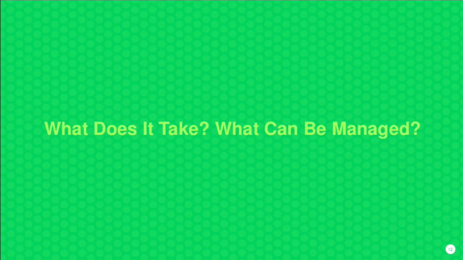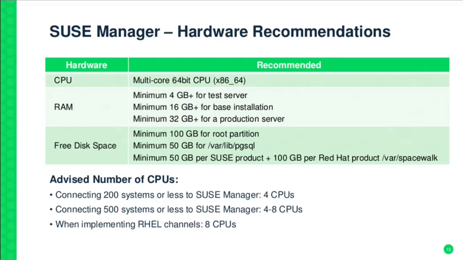So what does it take and what can be managed? What do you need to actually run SUSE Manager in your environment? CPU and RAM requirements are fairly small, but the thing that is important to understand is some actions are RAM intensive. Channel sync, for example. When you add certain channels to SUSE Manager, it will begin the synchronization.